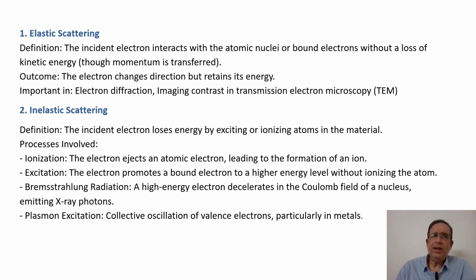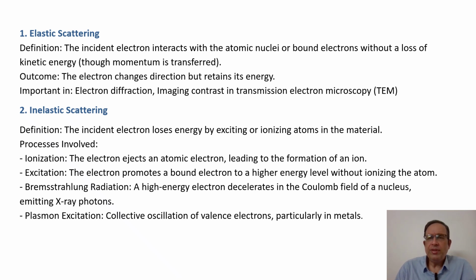The next kind of scattering is inelastic scattering, in which the incident electron loses energy by exciting or ionizing the material. It interacts with the electrons of the atom and tries to ionize or excite that atom.